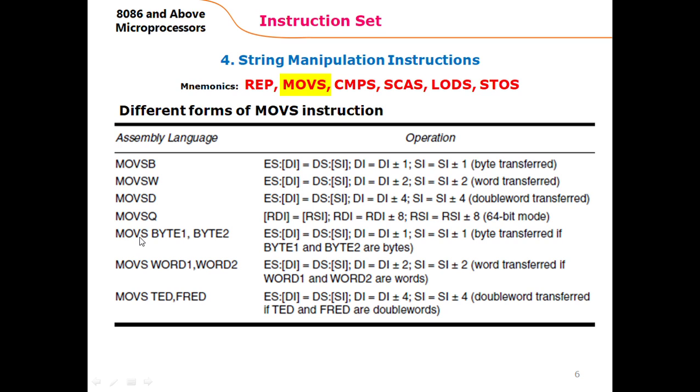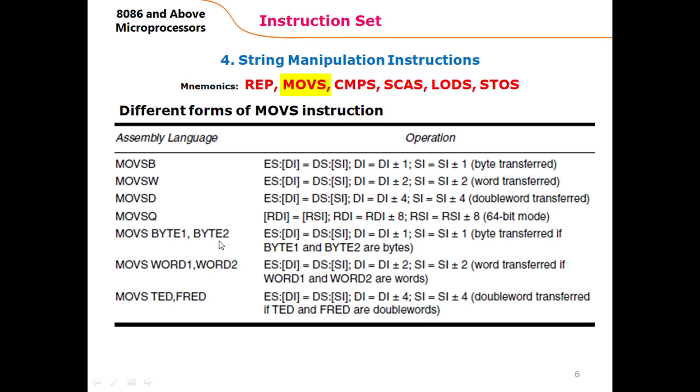Here just S is used to identify that the instruction is a string instruction, but none of the letters B, W, D, and Q are used with it, and instead this information is taken from the other two arguments. For example, here MOVS byte1, byte2, so it's a string instruction and it would transfer a single byte of data provided the operands byte1 and byte2 are bytes.